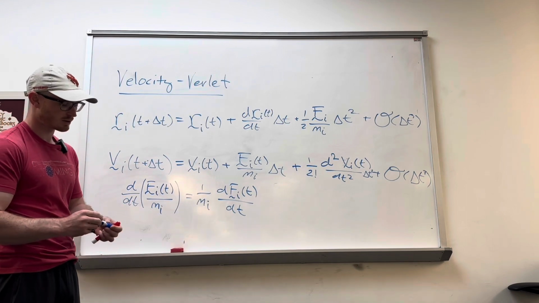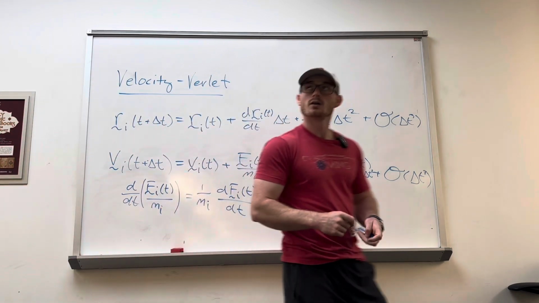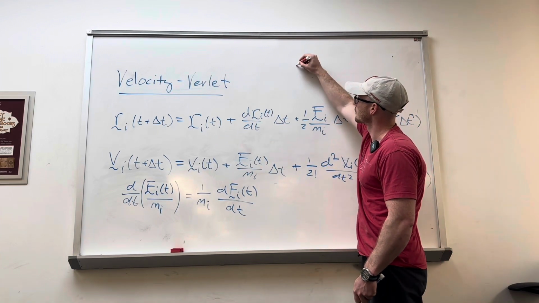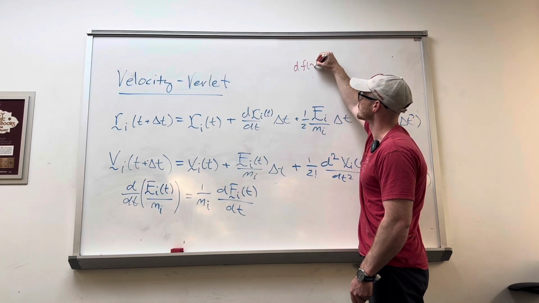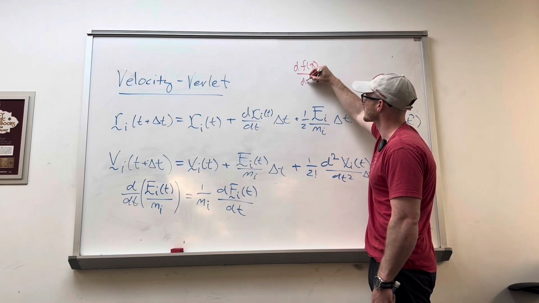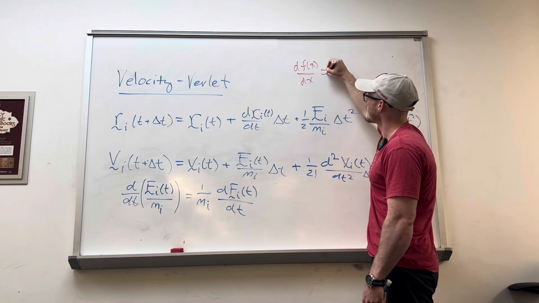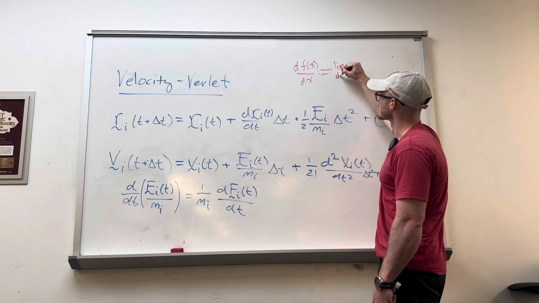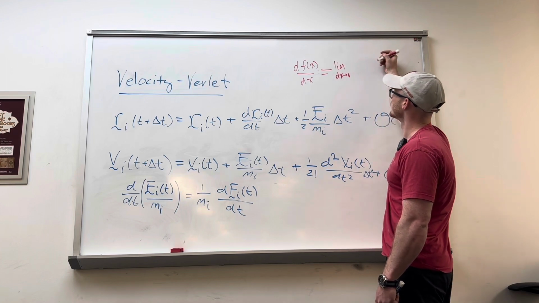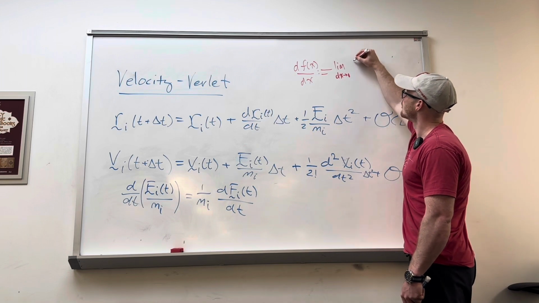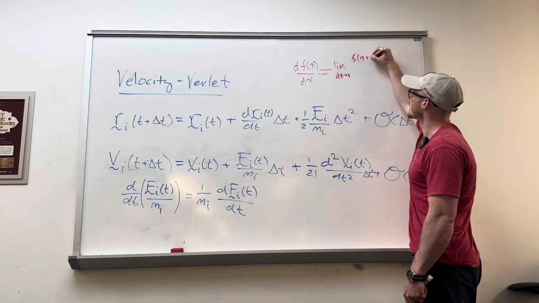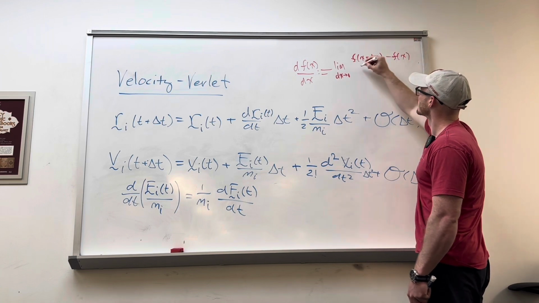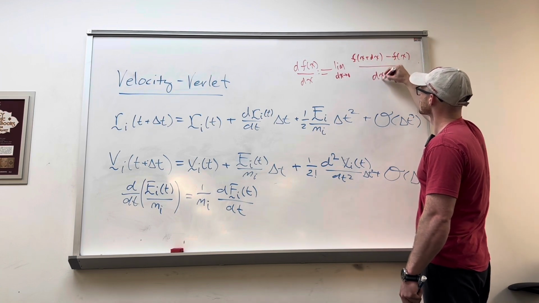Now, recall the definition of a derivative. When we define a derivative, so we were looking at something like maybe the derivative of some function with respect to x, we define this as the limit as some dx goes to 0 of f of x plus dx minus f of x over dx.